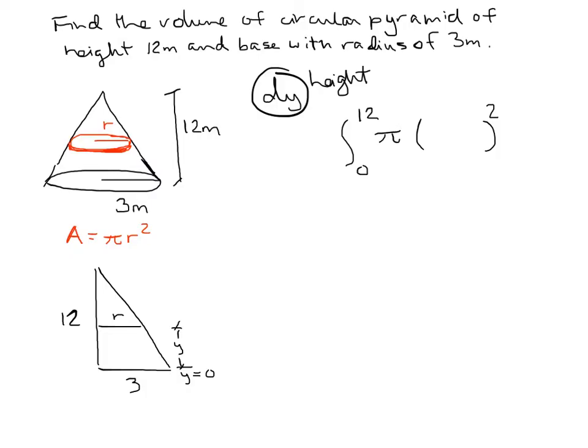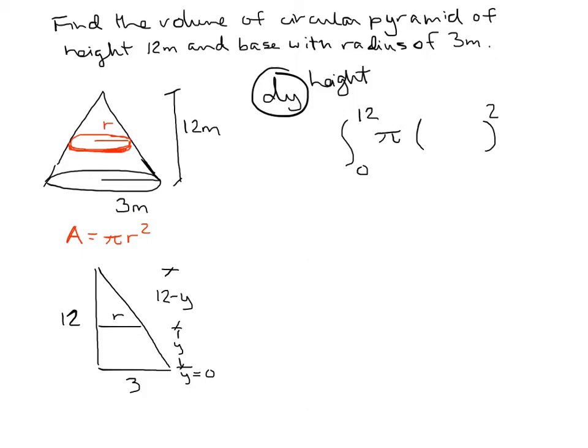So if I then take the full height and subtract that distance, the distance from the top of this to my radius, or to my slice, would be 12 minus y. Now this is a little tricky. You could have picked y equals 0 at the top of this, and you could have defined this differently. So just keep that in mind.